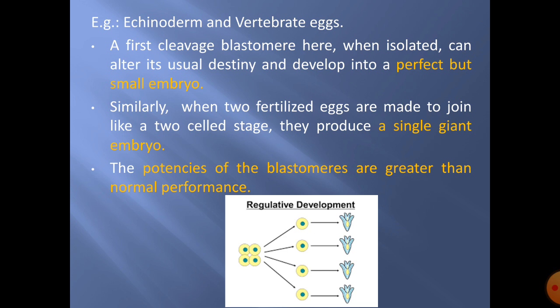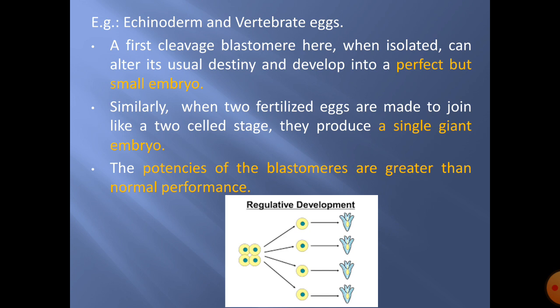In the slide, you can see the four-celled stage. In this stage, if you separate all the four cells, A, B, C, D, you will get four complete larvae, and none of the larvae will die, and the potentialities are adjusted. Of course, the size of the larva will be small.